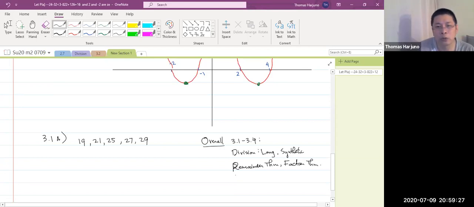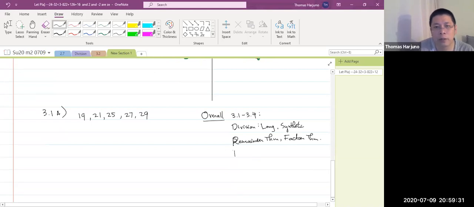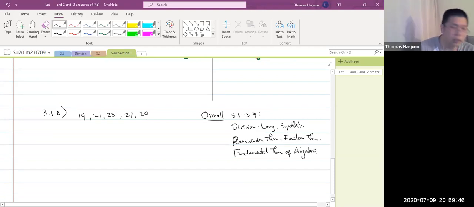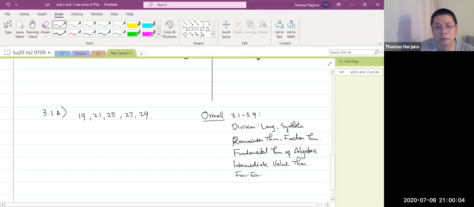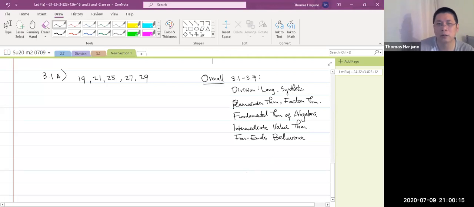Then what we will do tomorrow, I will first quote the fundamental theorem of algebra, and then the intermediate value theorem, and then far end behavior, and then rational zero theorems.